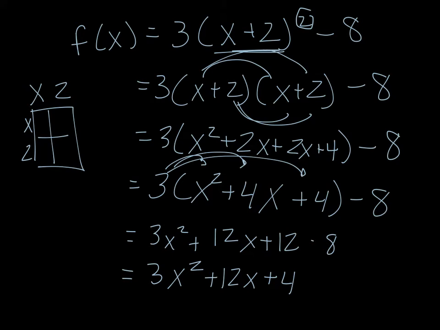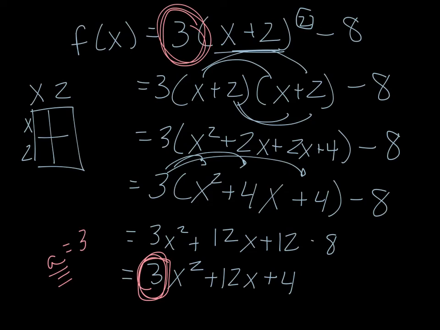Something really important to notice is that a, the stretch factor of 3, is still the same value in this equation. So a remains the same. That's why we called it a when we were in vertex form, because it stays the same. So a would be 3, b would be 12, and c would be 4, according to our standard form formula.